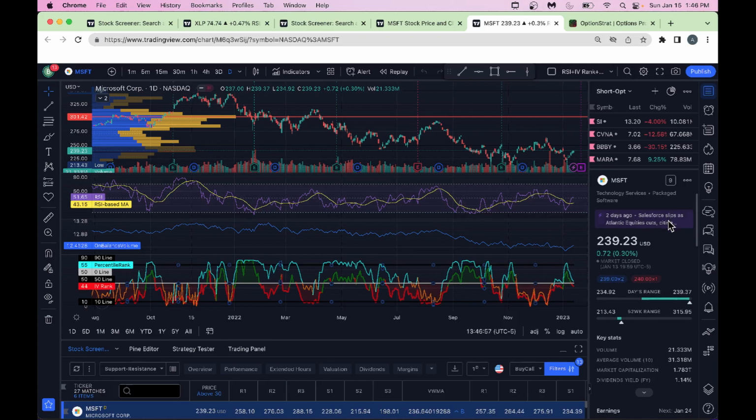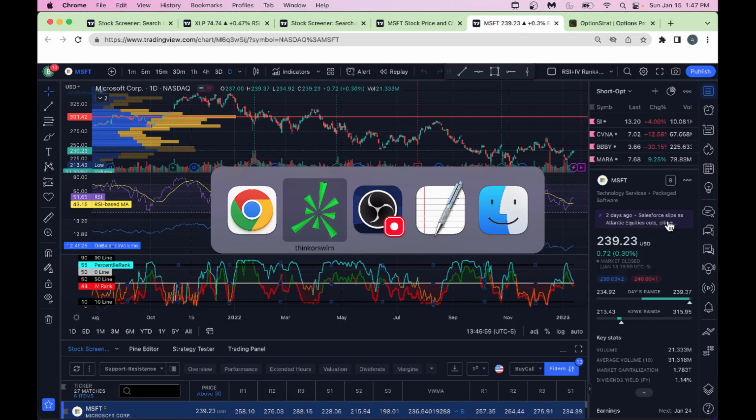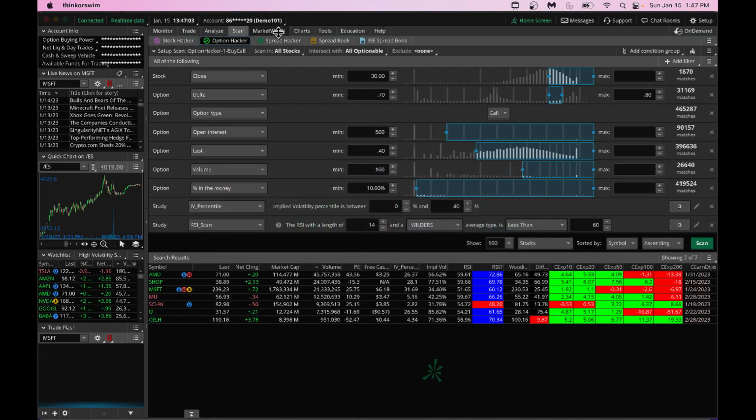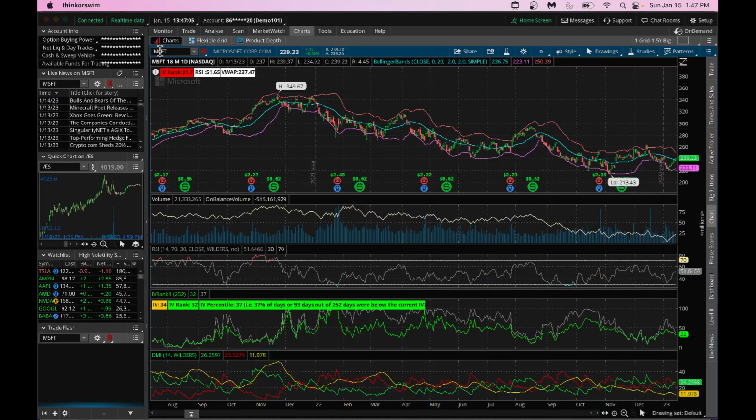All right, now if I want to go to my platform here, which is Thinkorswim, you could just try to compare. Look, I brought in Microsoft right here. Microsoft IV rank according to Thinkorswim is 31.7. There are various methodologies for the IV rank. You've got Black-Scholes, you've got various methodologies.